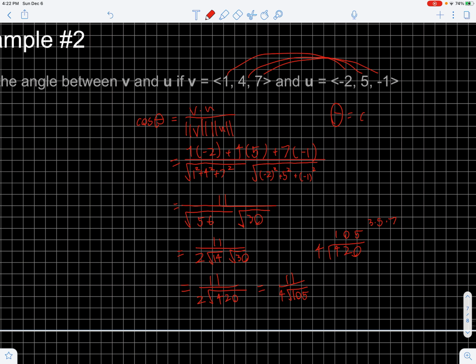So we got to plug theta equals cosine inverse of all that stuff. And we get, let me grab my calculator.